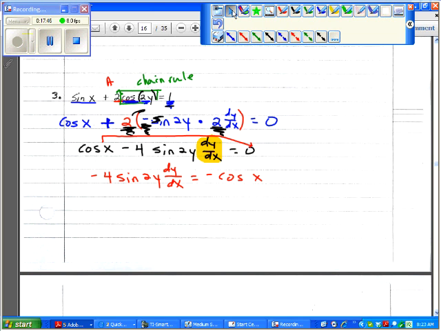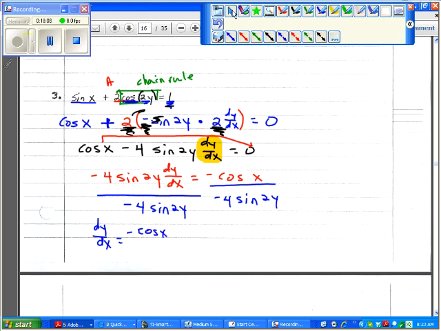Now we can divide off what's on the dy dx. So we're going to divide off the negative 4 sine 2y. And so we're going to have dy dx is equal to negative cosine x over negative 4 sine 2y.